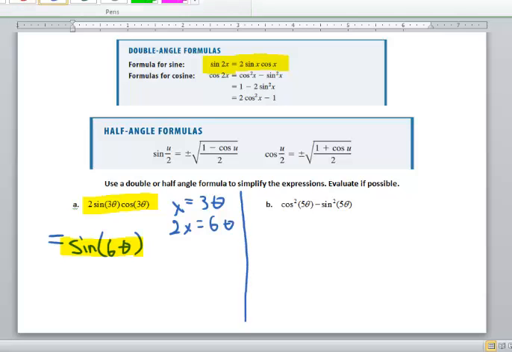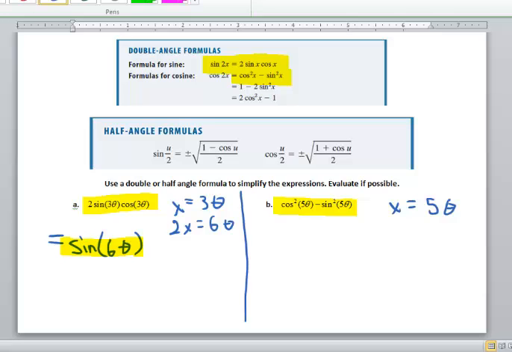And now this one is pretty much identical. The cosine squared of 5 theta minus the sine squared of 5 theta. What does that look like? Well, it looks like the right-hand side of the double angle formula for cosine. But again, the difference here is that the role of x in the formula is being played by 5 theta.